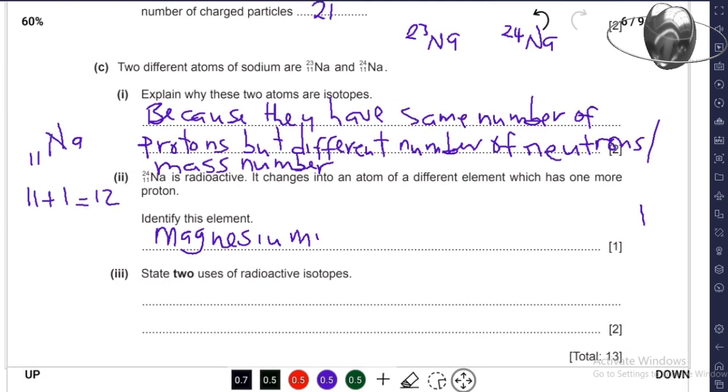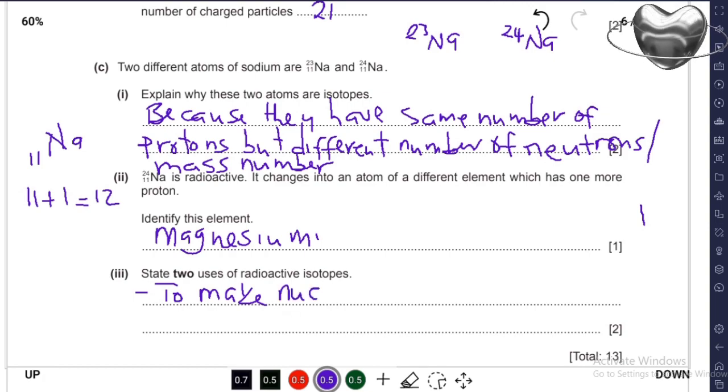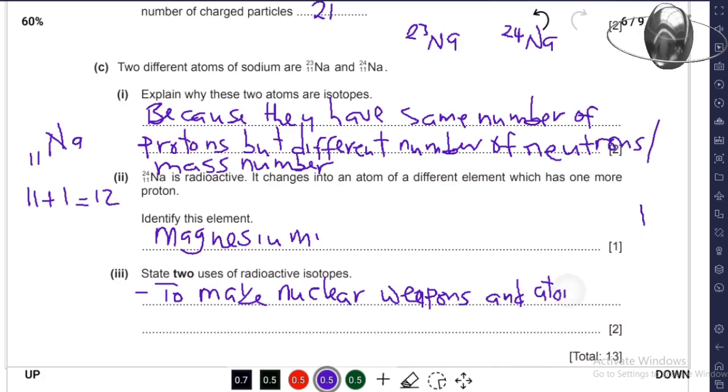One of the uses, number 1, for example, uranium is used to make nuclear weapons and atomic bombs.